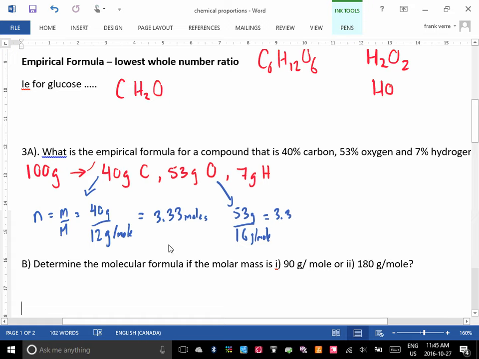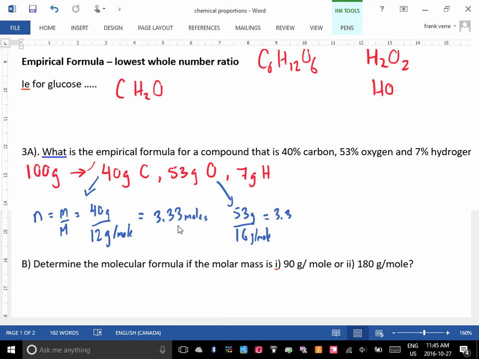Okay. But look, right away I can tell that the number of carbon and oxygen atoms is in a 1-to-1 ratio. You understand that? For every one carbon atom, I'm going to have one oxygen atom, just because I can see that the number of moles is exactly the same between the two.